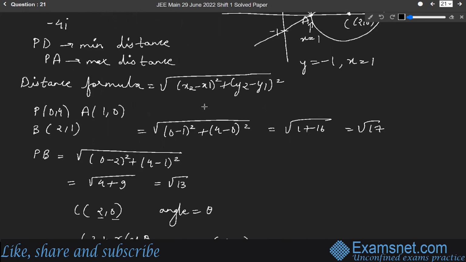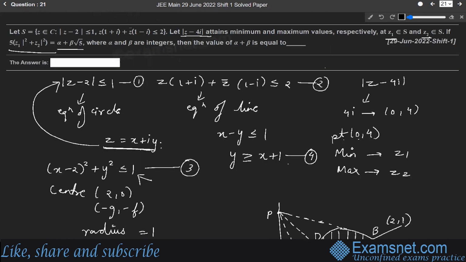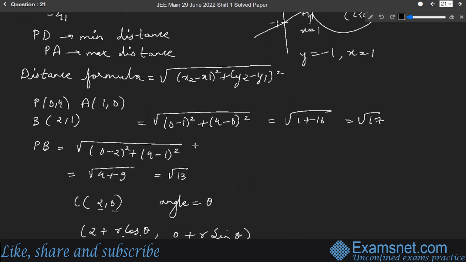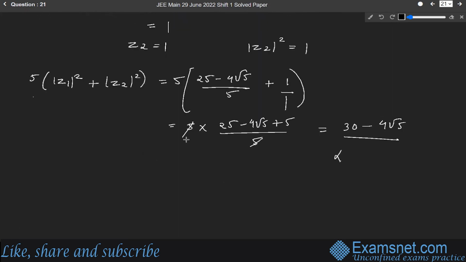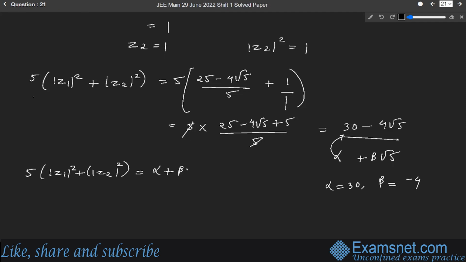But in the question it is given that its value is equal to alpha plus beta into root 5. Okay. So when we compare it with alpha plus beta into root 5, then we get the value of alpha equal to 30 and the value of beta equal to minus 4, right? Because in the question it is given that 5 into mode of z1 square plus mode of z2 square is equal to alpha plus beta into root 5.